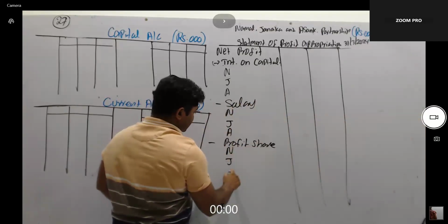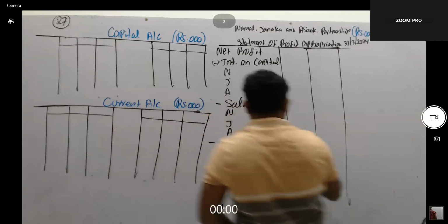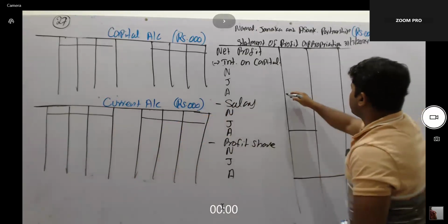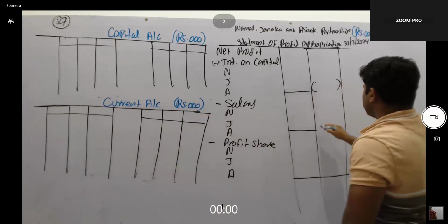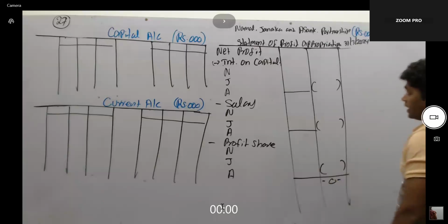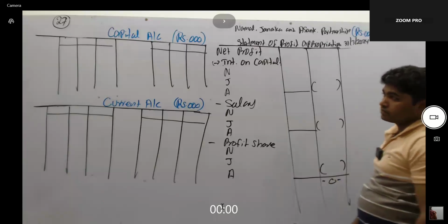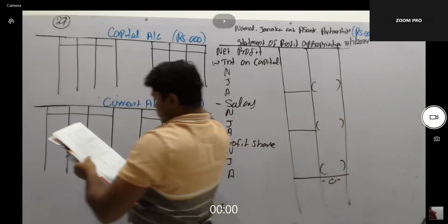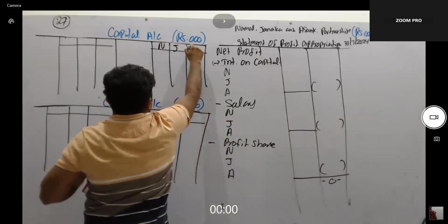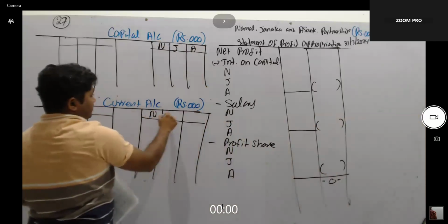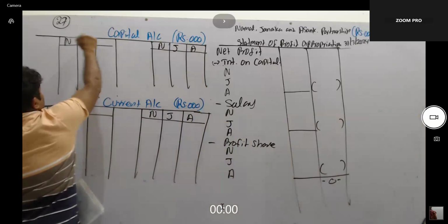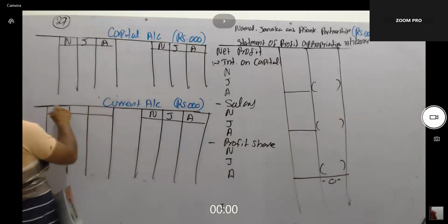Namal, Janaka, Asanka, all 3 partners available. Think how to prepare the profit appropriation accounts. Profit should be distributed among the partners as interest on capital, salary, and profit share. And here also Namal, Janaka, and Asanka.